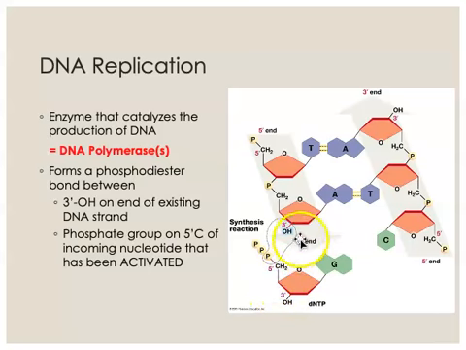And what they've done in the drawing is they've shown you with this gray circle where that bond is going to be built. The outer 2 phosphate groups are going to be taken off of this activated nucleotide. The energy stored is going to be released, and that energy will be used to build the next phosphodiester bond. You can see that these phosphodiester bonds link the phosphate group with the 3' carbon.